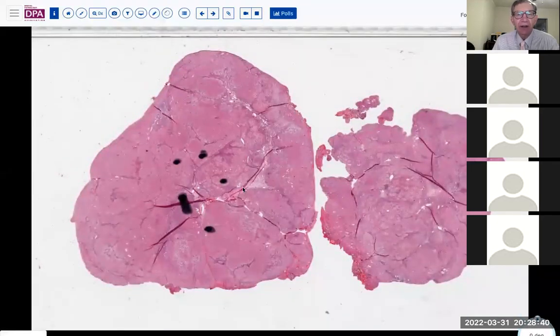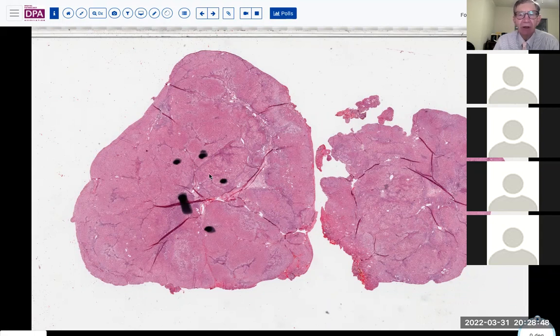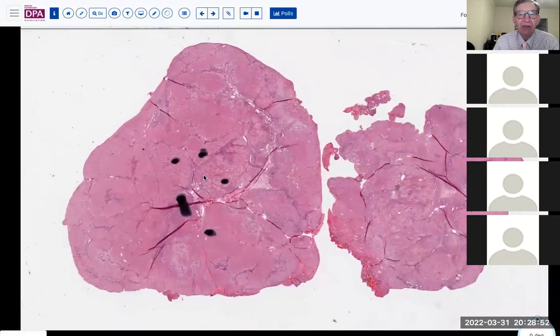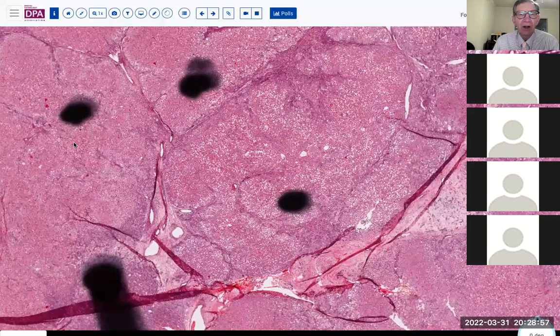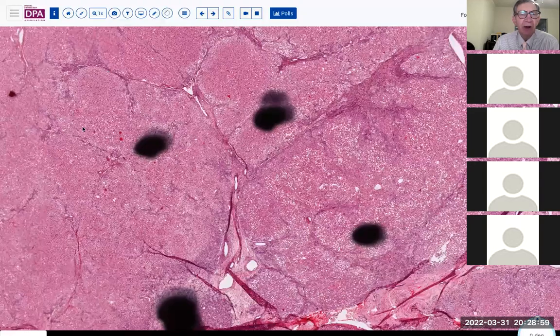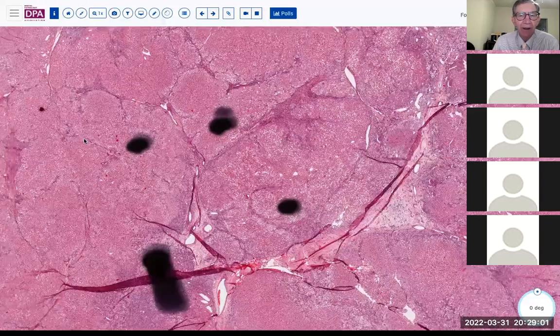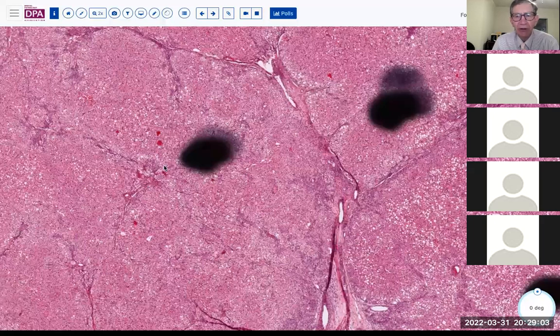So here we can see a lobulated nodular lesion. With this lesion, because it's not as likely to have that malignant potential, the desire to fully resect it is not as strong. But I think you can see here there is this nice demarcated lobularity to it. And we'll look at this portal tract here.